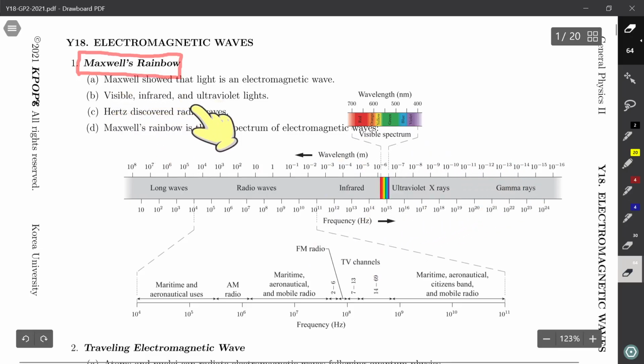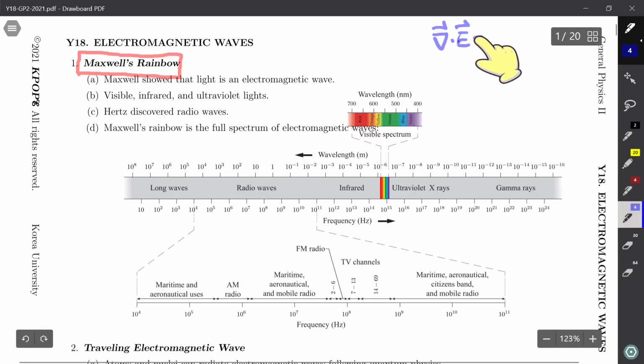Maxwell showed that light is an electromagnetic wave, based on the wave equation he formulated out of four physical laws: two Gauss laws in vacuum, Faraday's law, and Maxwell's law.